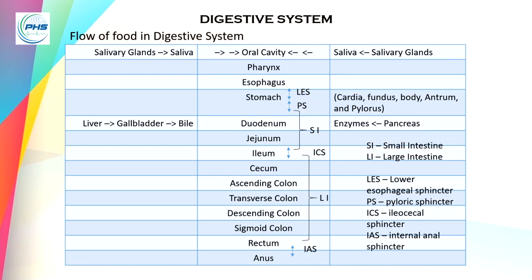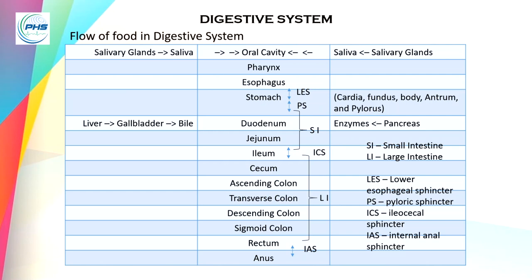Next is jejunum. The jejunum is the middle part of the small intestine between the duodenum and ileum. The function of the jejunum is absorption of important nutrients such as sugars, fatty acids, and amino acids.